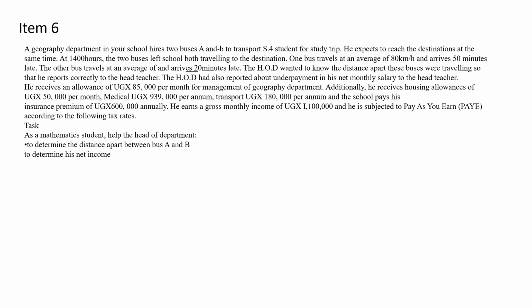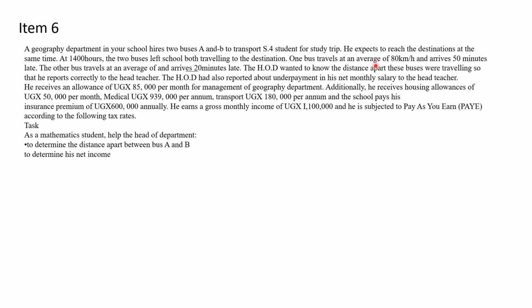And now we go to item 6. And here we have the geography department in your school hires 2 buses, A and B, to transport senior 4 students for a study trip. You expect to reach the destination at the same time at 1400 hours, that is 2 p.m. The 2 buses left school both traveling to the destination.